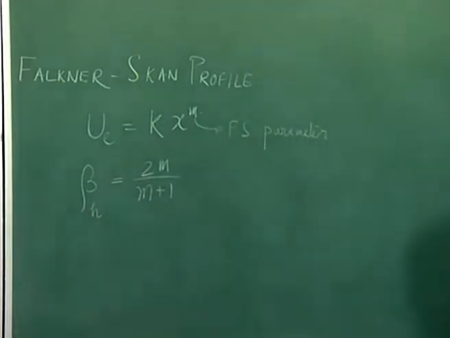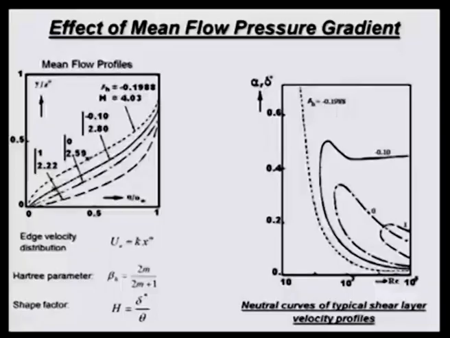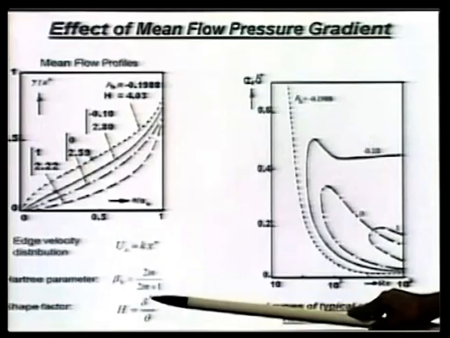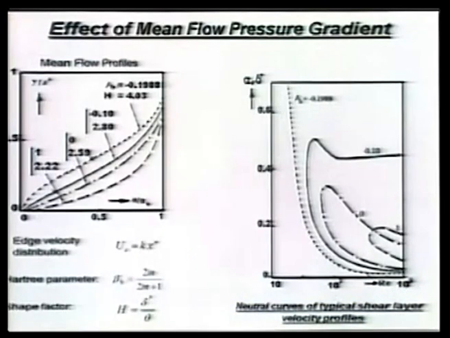When of course a boundary layer develops in a shear layer, there are two thicknesses which we talked about that are of interest. One is the displacement thickness delta star, the other is the momentum thickness. One basically gives you an estimate for mass displacement or defect due to the presence of the boundary layer, the other gives you the momentum deficit.